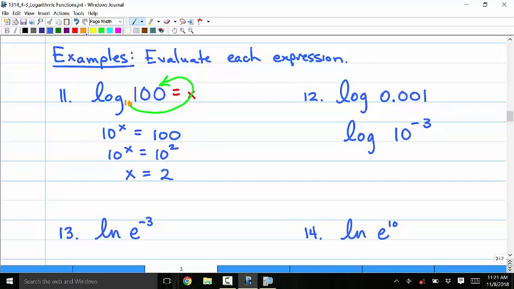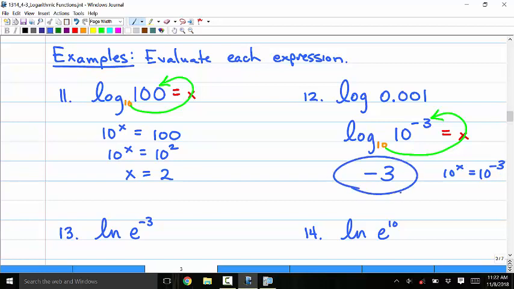Okay, this is log base 10 of 10 to the -3. What's your answer? It's -3. Don't believe me? Set it equal to x. Convert to exponential form. And you get 10 to the x equals 10 to the -3. x is equal to -3.